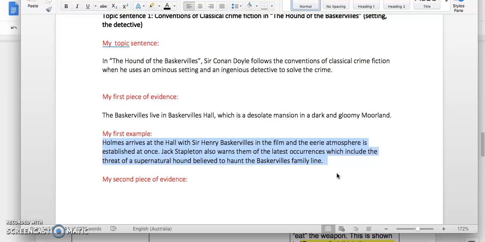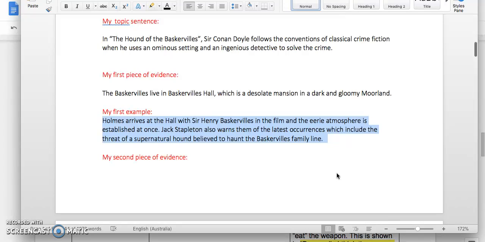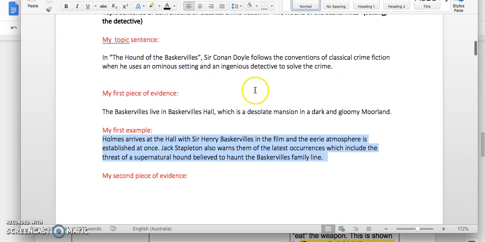Jack Stapleton also warns them, so that is Holmes and also Watson, perhaps I should have written that, of the latest occurrences, which include the threat of a supernatural hound believed to haunt the Baskervilles family line. So I'm just talking about setting, the ominous setting at that point in time.